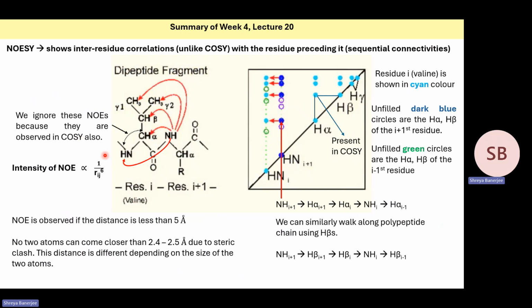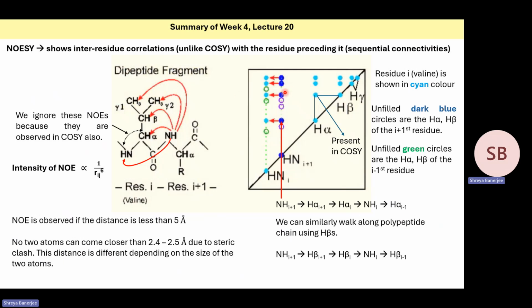That is not shown here, but after NH, H alpha will come. So basically, this NH is connected with the previous NH, the previous NH is connected with the previous H alpha, and so on. So you can see a sequence. Similarly, if you start from NH, NH is connected to beta.